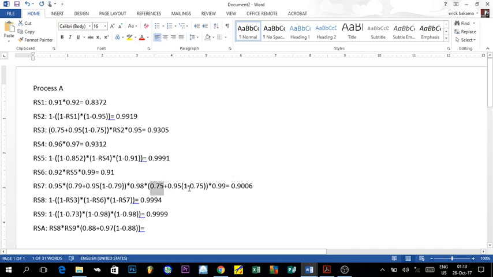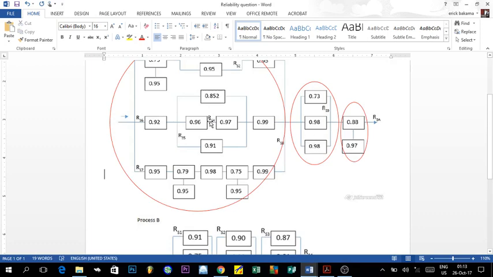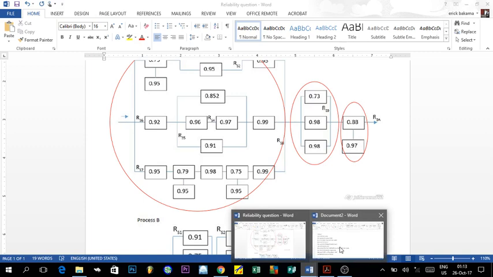We have 0.75, 0.75, 0.79, this is just a tip or a clue to help you find your way. Now we said that to find the reliability of system A, we have RS8 times RS9 times this component here with its backup, the main component 0.88 and 0.97.